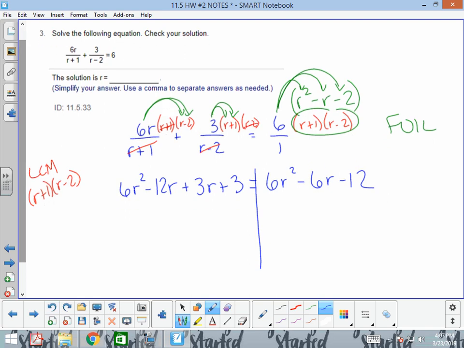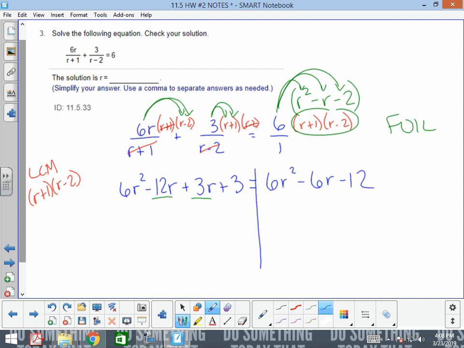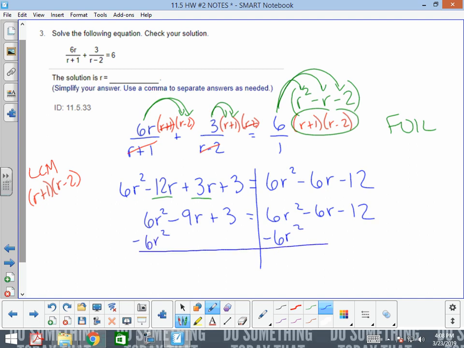Alright, on the left side, I do have a couple of like terms, negative 12 and 3r. And on this side, I don't have any like terms. Now I notice that I have 6r squared on both sides. That's good because that means I don't have to worry about factoring. So I should just continue to solve.